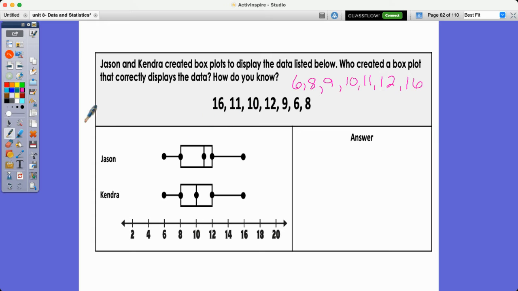Okay, so we are going to find our median first. So we're going to cross off, dot, dot, dot, dot, dot, dot. My median is 11. So we're going to look at our data and realize the median needs to be at 11.